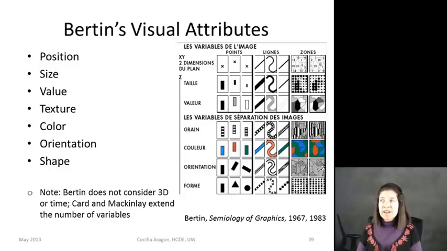He identified 7 key visual attributes illustrated on the right-hand side of the page in 0, 1, and 2 dimensions. And these 7 key attributes are position, size, value or lightness, texture, color, orientation, and shape. So this is an important slide. You should probably write down these seven attributes or at least save the slide.